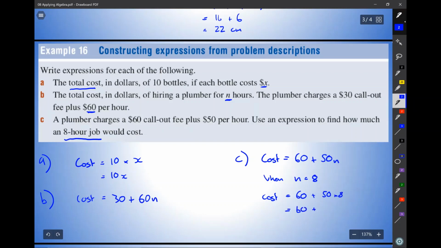So 50 times 8, you can either do that on your calculator, or you can recognize that 8 times 5 equals 40, and 40 times 10 equals 400. Therefore, the total cost is $460 to hire this plumber for 8 hours.